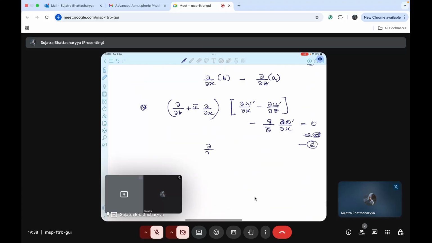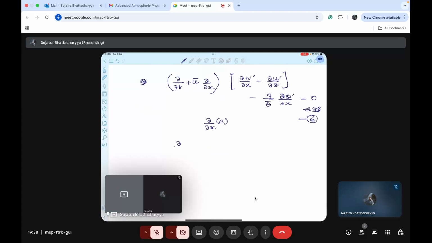Take del del x of E. So you get del del t plus u bar del del x of delta square w dash by delta x square minus delta square u dash by delta x delta z minus g by theta bar. These are all constants or not dependent on x, so this becomes 0.